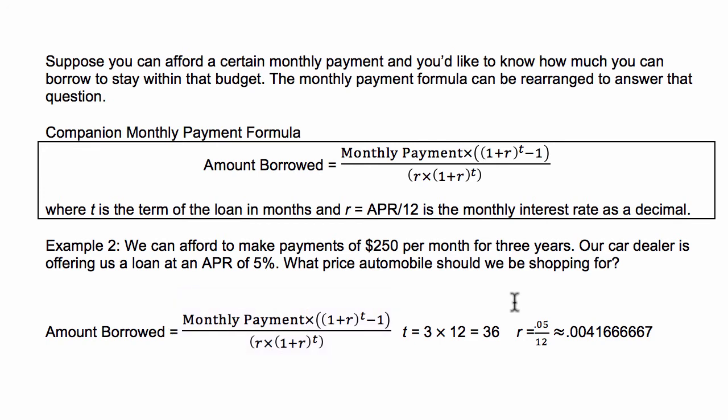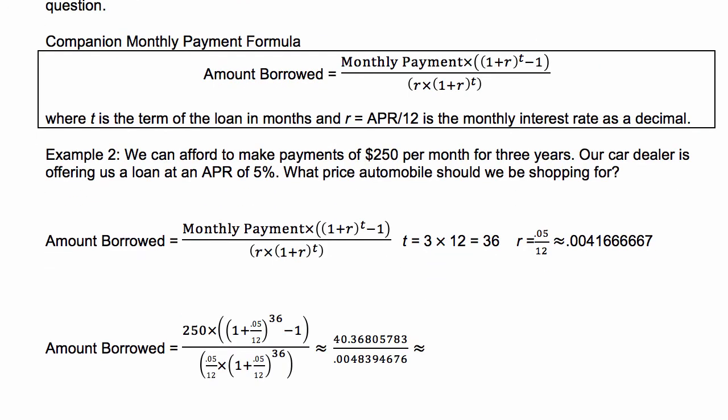Once we substitute our values for r, t, and monthly payment into our formula, we get the following. Amount borrowed equals 250 times the quantity 1 plus 0.05 over 12 to the 36th power minus 1, divided by the quantity 0.05 over 12 times 1 plus 0.05 over 12 to the 36th power.